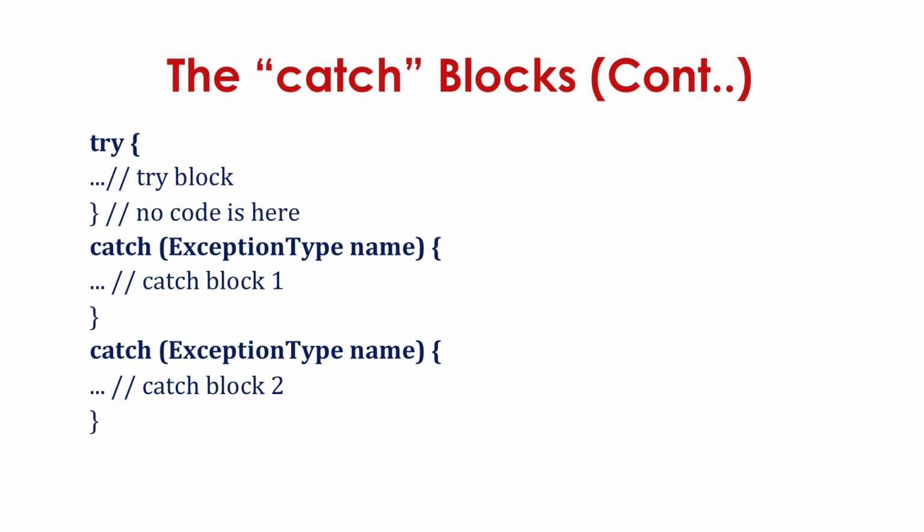We must enclose such block inside the try, and I have mentioned in the yellow color here that no code is here at the end of try block or before the catch block. In this example you are seeing there are two catch blocks, catch block 1, catch block 2.